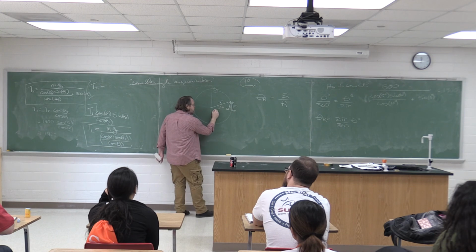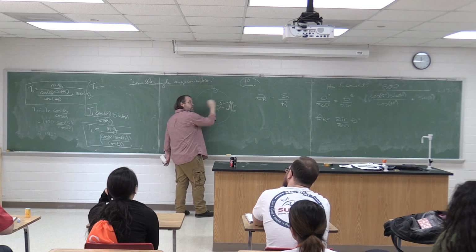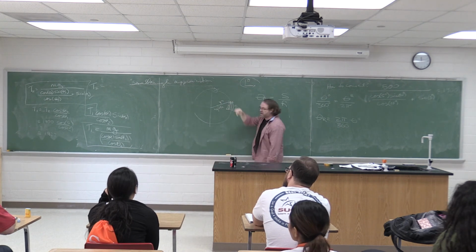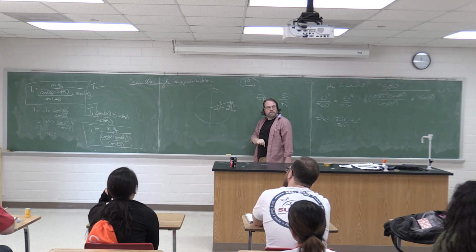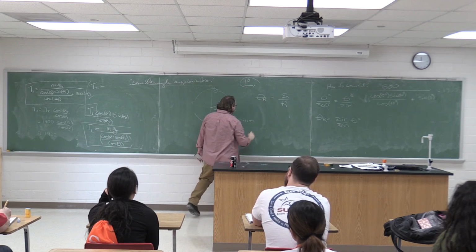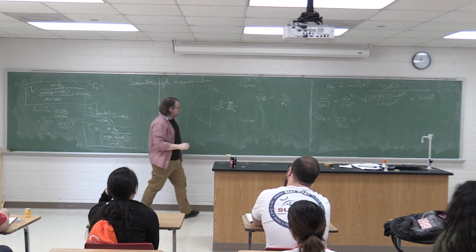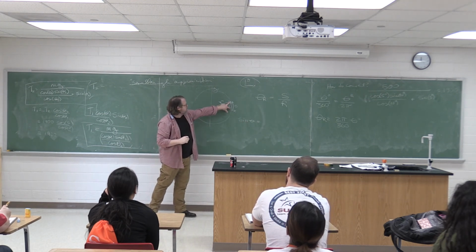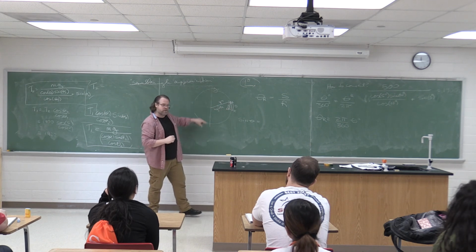This side is the adjacent side, or the close side. That side is the hypotenuse relative to my angle. That side's the opposite side. Sine theta is what? Opposite over hypotenuse.